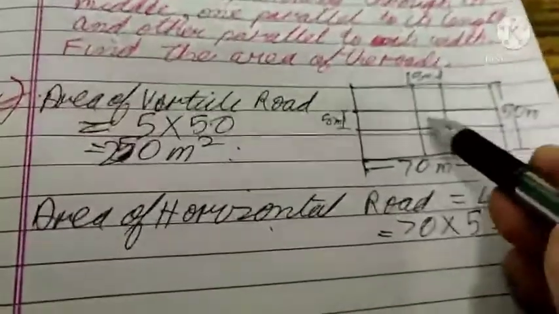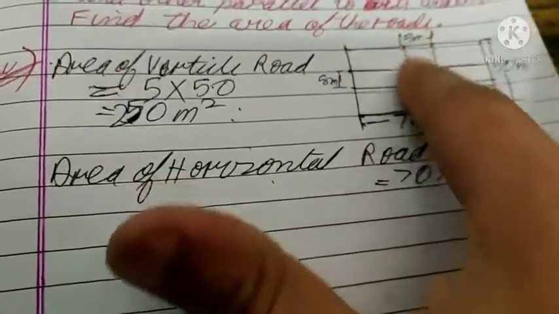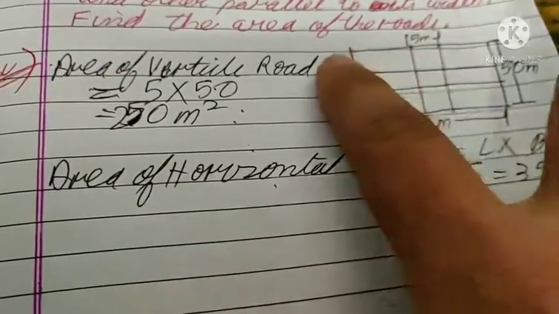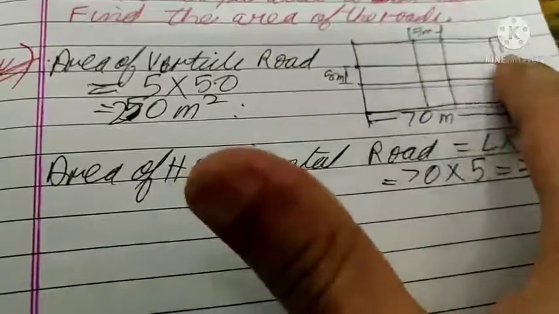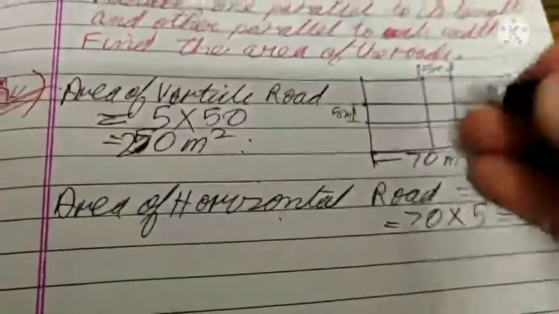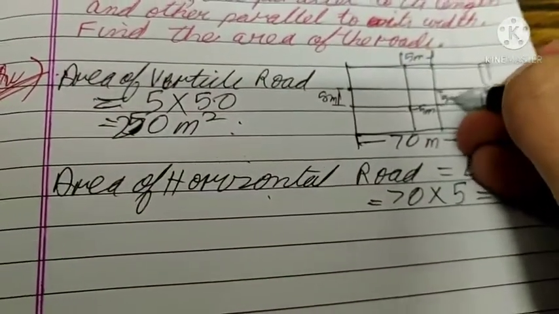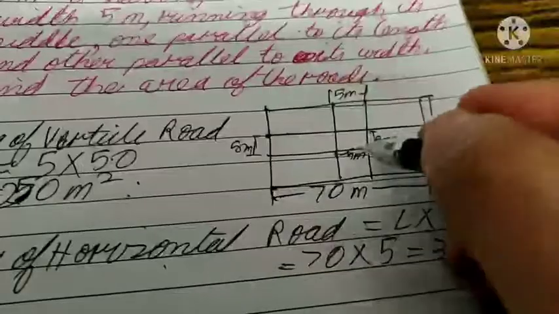And then the area of this small box comes twice, like in the previous question. When you calculate the area of this, this whole area is included, and when we calculate the area of this, this whole area is included. So we get this area 2 times, so we will subtract this box 1 time. Here this is 5 meter, this is also 5 meter. So subtracting this area, it is a square, 5 into 5.